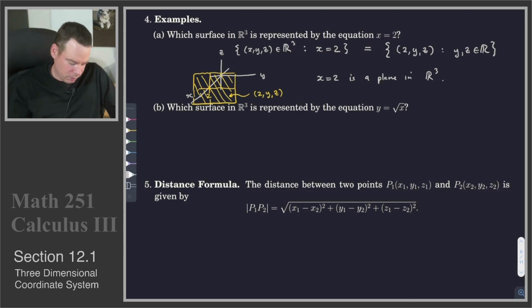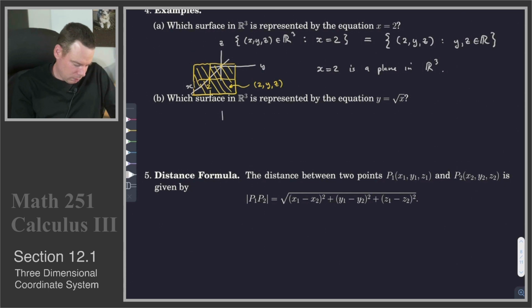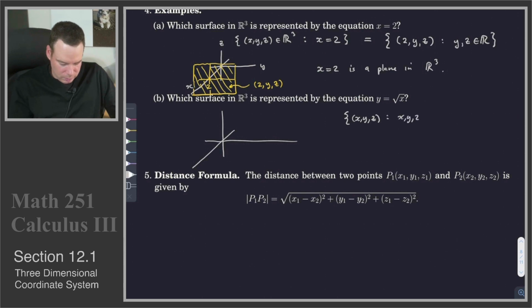So what's next? What is the surface in R3 that's represented by the equation y equals the square root of x? So again, let's get a sketch going in here. So this is the set of all points x, y, z, such that x, y, z are real numbers and y has to be the square root of x, so the positive square root of x.